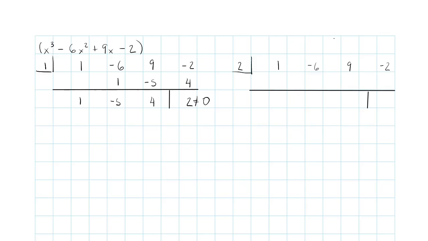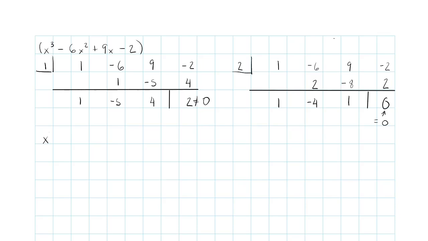So I'll copy the 1. 1 times 2 is 2. -6 plus 2 is -4. 2 times -4 is -8. 9 plus -8 is 1. 2 times 1 is 2. -2 plus 2 is 0. Okay, so I got remainder 0. That means that 2 is a 0 of the polynomial.